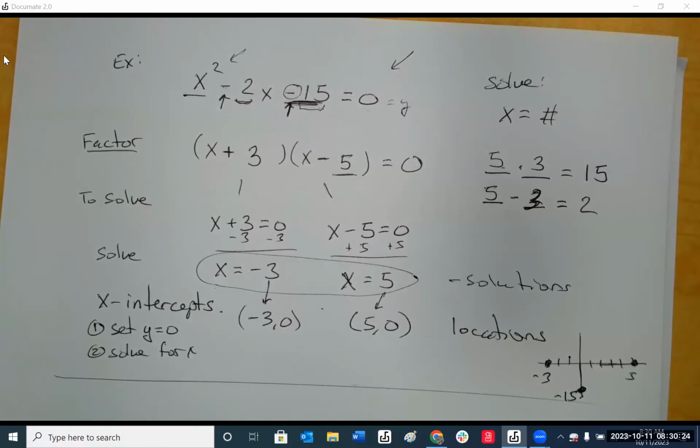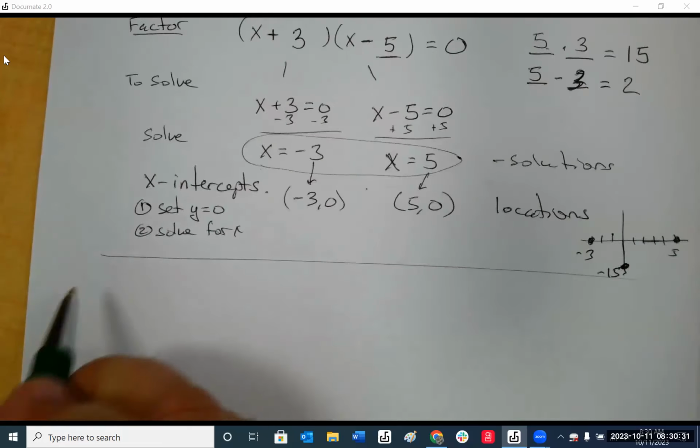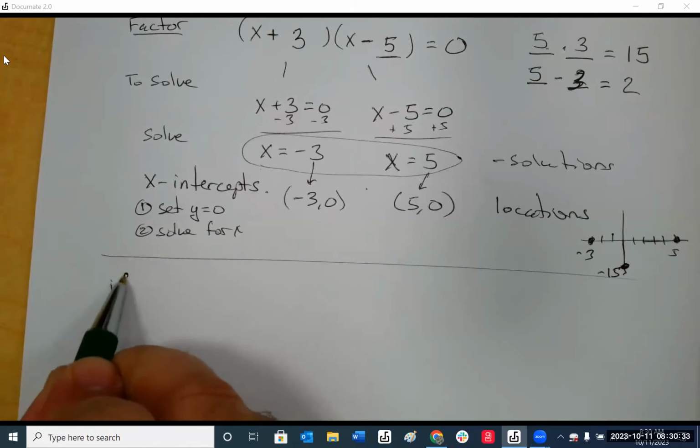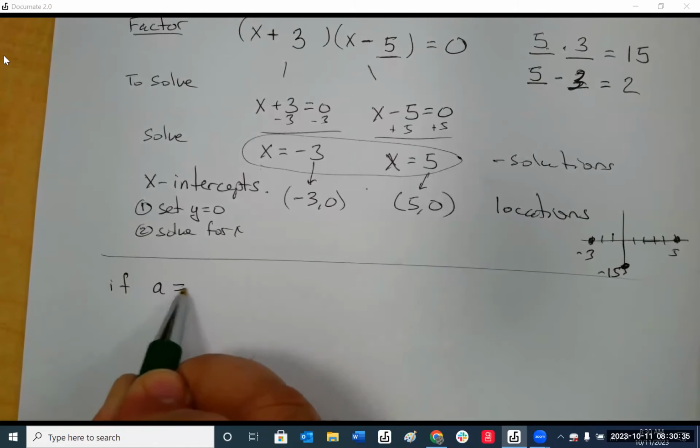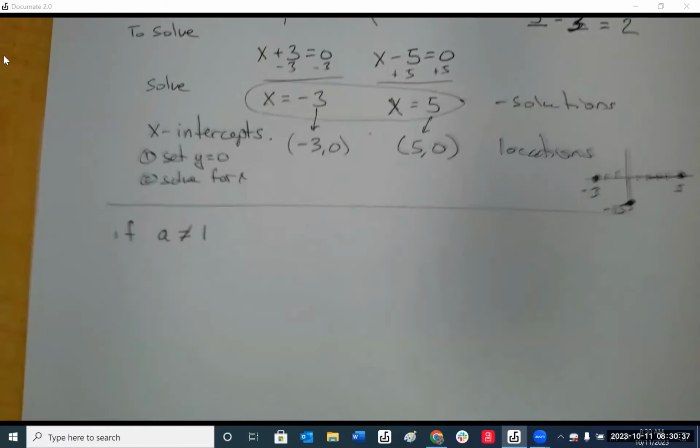All right, so let's look at if a doesn't equal 1.